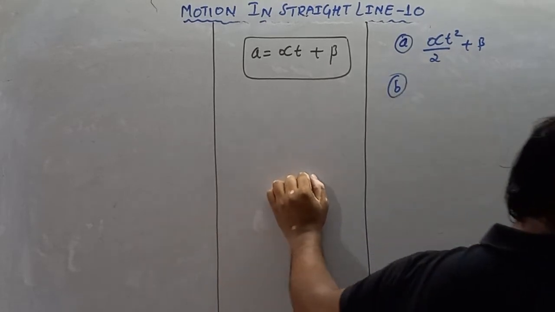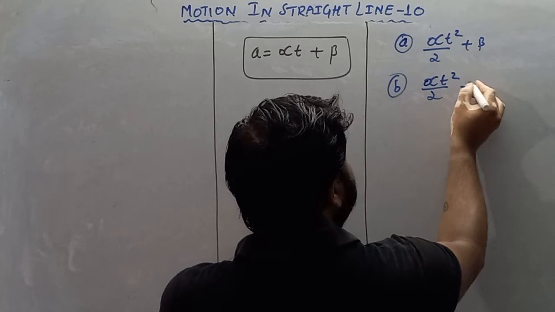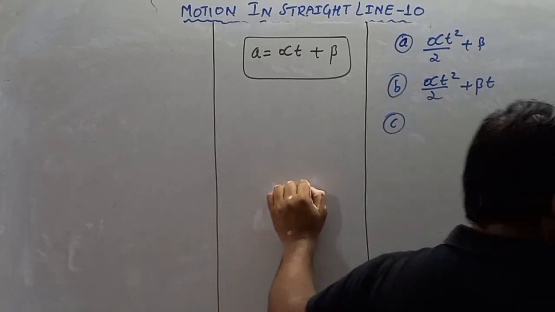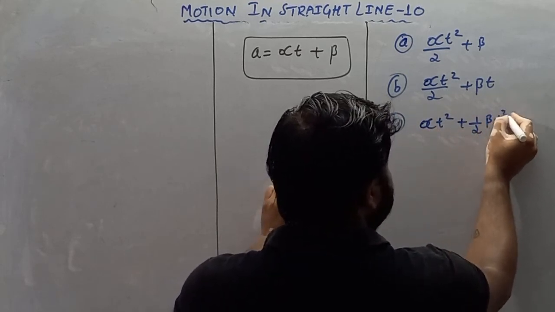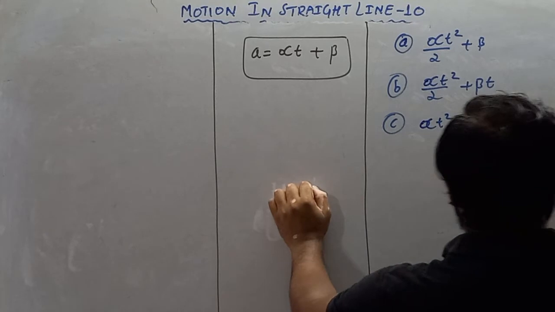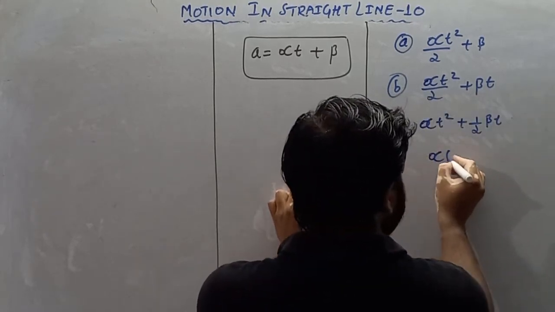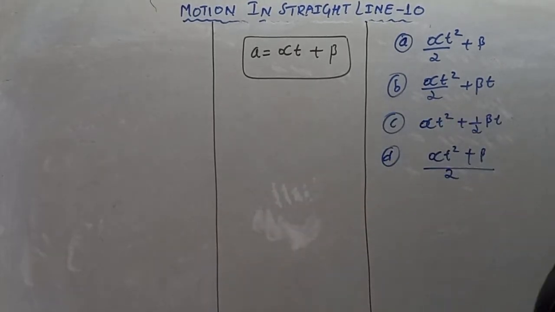Option B is alpha t square by 2 plus beta t. Option C is alpha t square plus half beta t square, beta t. And option D is alpha t square plus beta divided by 2.